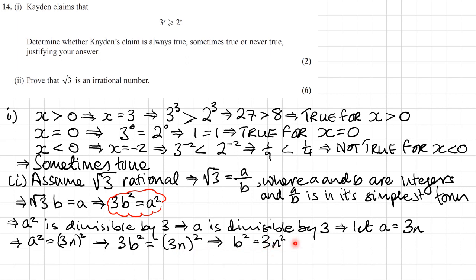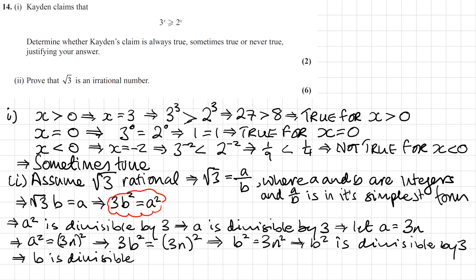Now what does this mean? This means that we have b squared, which can be divided by 3 because it's a number that's been multiplied by 3. So b squared is divisible by 3. So if b squared is divisible by 3, that means that b is divisible by 3.